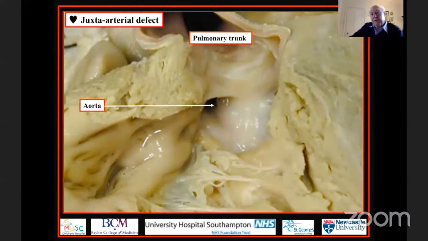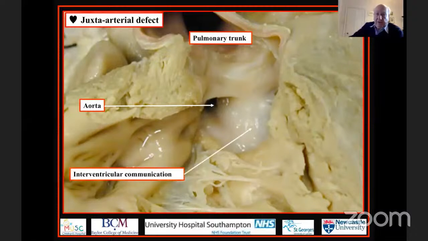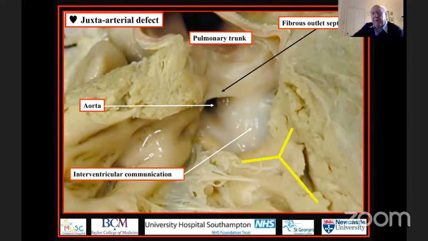There is the pulmonary trunk, and its root also is overriding the crest of the muscular septum. Both arterial roots are overriding the interventricular communication. Why? The interventricular communication still opens into the right ventricle between the limbs of the septal band or the septomarginal trabeculation, but in this instance, the outlet septum has not muscularized and it is free floating.